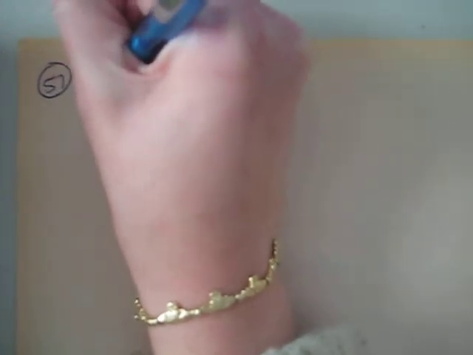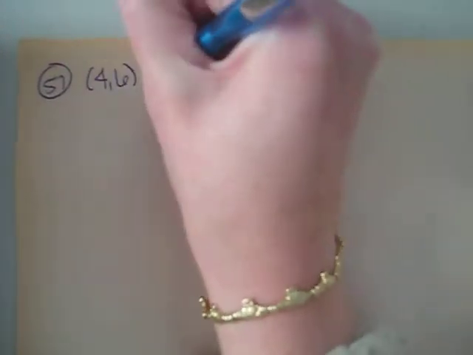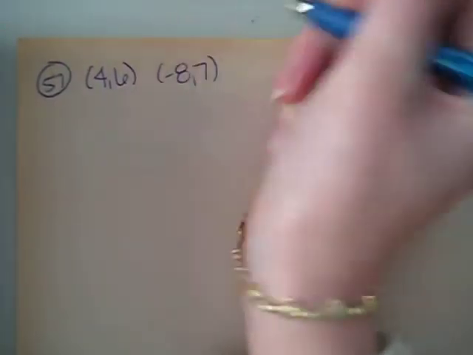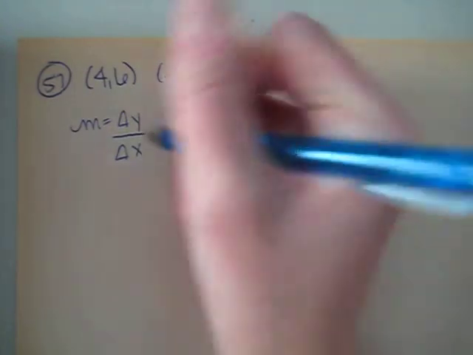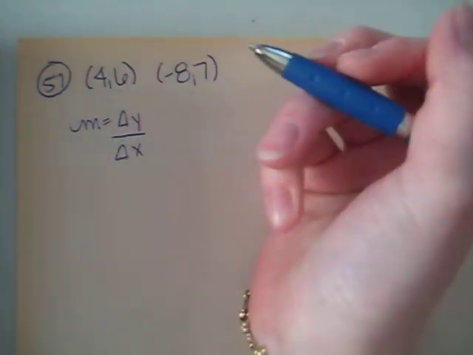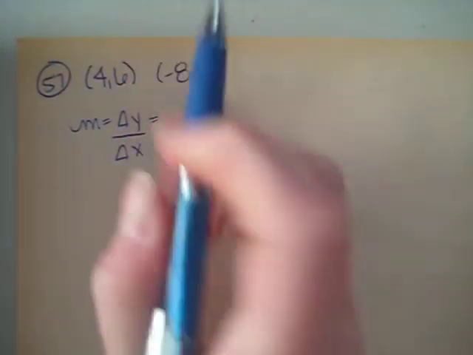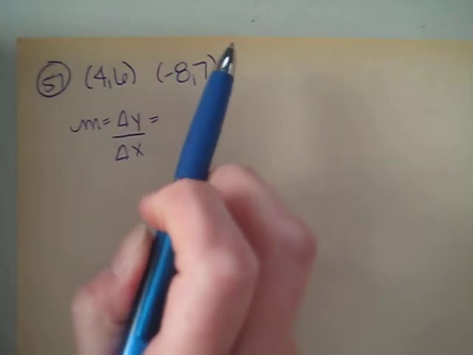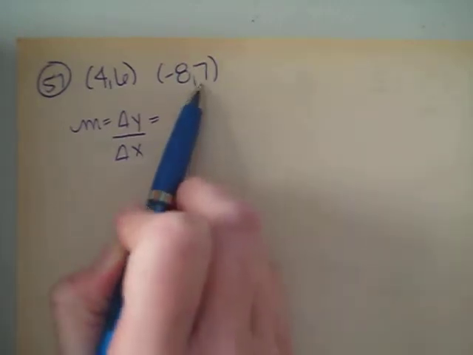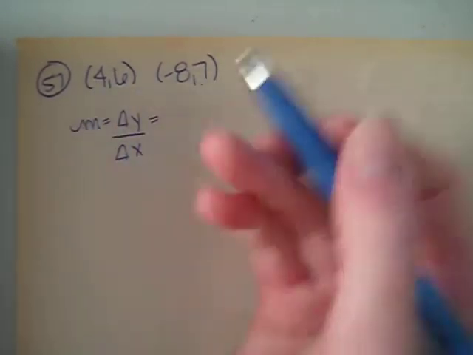So, looking at our first example, number 57, I first have coordinates 4, 6, and -8, 7. And my slope equation, remember, is change in y over change in x. It does not matter which direction you do your subtraction in, as long as you subtract in the same direction. So I'm going to go from here to here, just to make it as easy as possible.